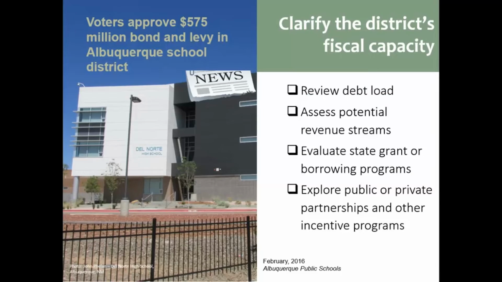For a successful capital improvement plan, it is critical to have a full understanding of what is fiscally feasible. This means understanding how much debt the district has, how much debt the district should responsibly carry, as well as the level of debt legally allowed. Understanding state statutes, regulations, and guidelines, if the state provides facility support, is necessary for accessing state benefits.